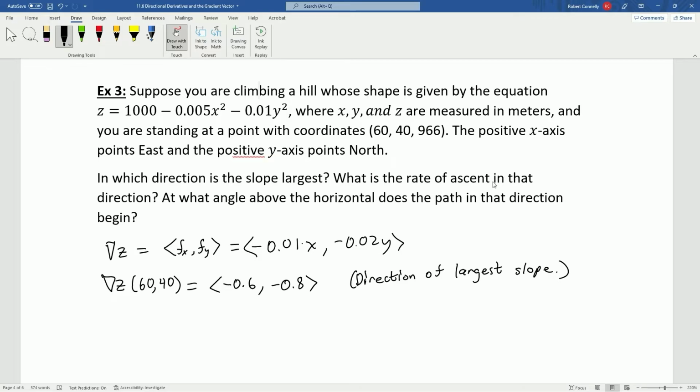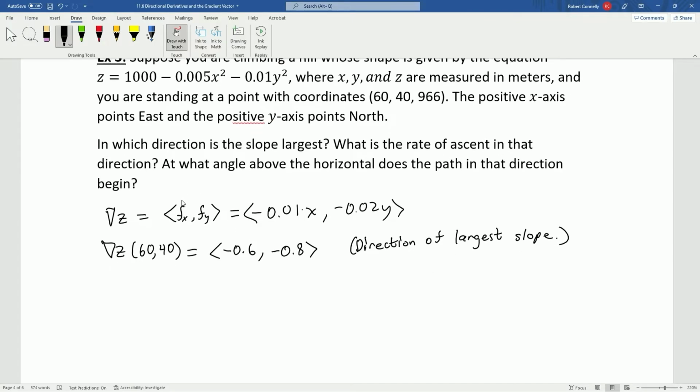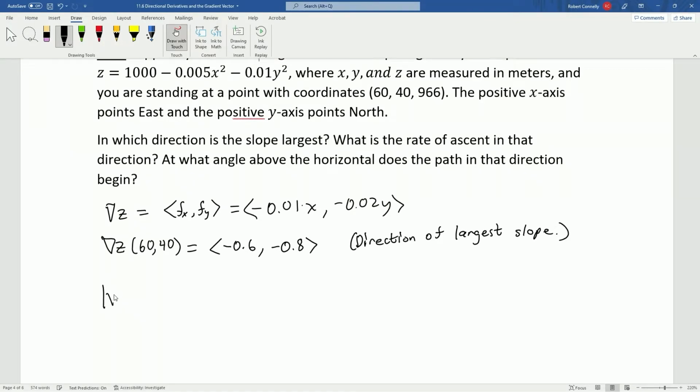Okay, so what is the rate of ascent in that direction? That's the magnitude of the gradient. So that magnitude is going to be the square root of negative 0.6 squared plus negative 0.8 squared.